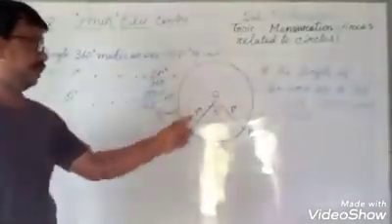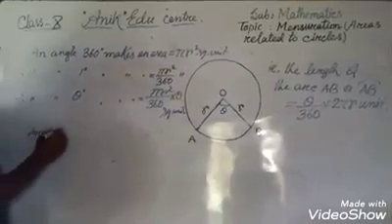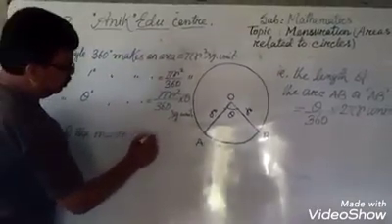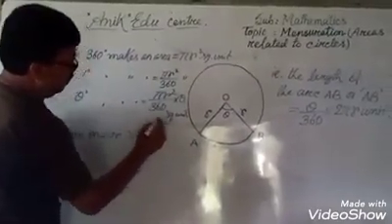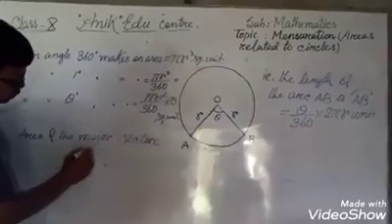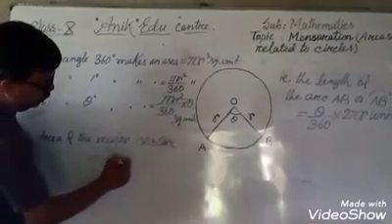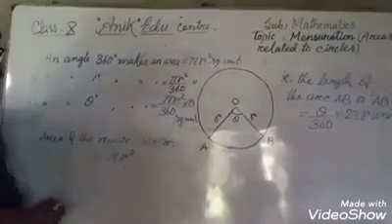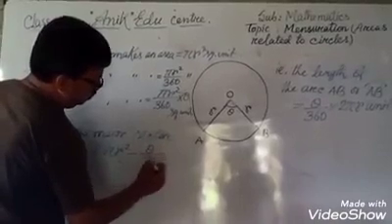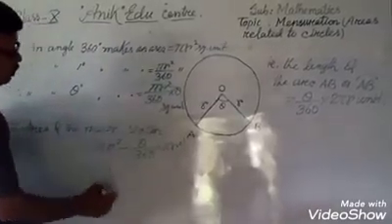Then the area of the major sector will be equal to pi r square, that is the whole area of the circle, minus the area of the minor sector, theta by 360 into pi r square unit.